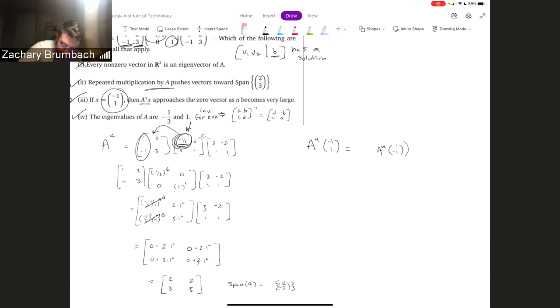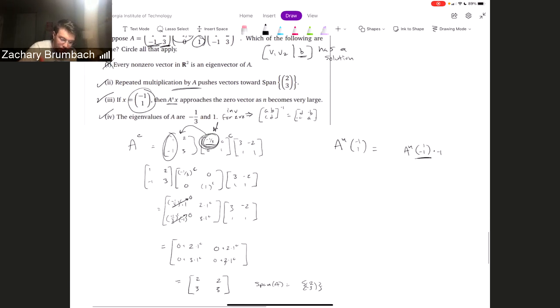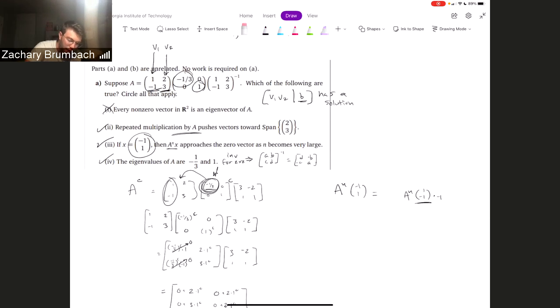So now this is our eigenvector, right? And every time we multiply our eigenvector by A, we multiply by the corresponding eigenvalue of -1/3. So every time we multiply this vector by A, it becomes smaller, right? As it keeps getting smaller, it goes to 0. Cool. Questions on this?